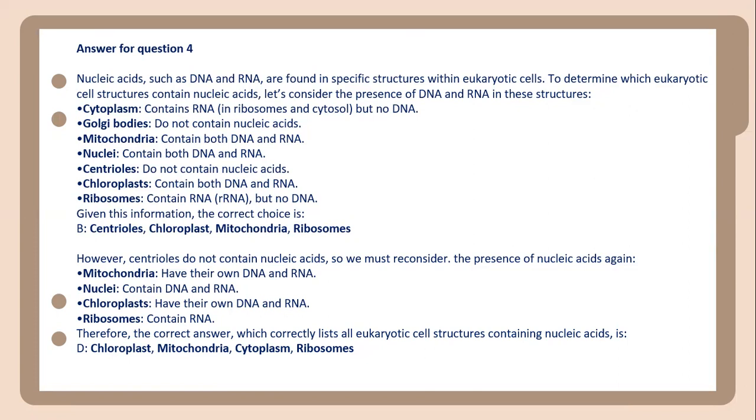Nuclei contain DNA and RNA. Chloroplasts have their own DNA and RNA. Ribosomes contain RNA. Therefore, the correct answer, which correctly lists all eukaryotic cell structures containing nucleic acid, is chloroplasts, mitochondria, cytoplasm, and ribosomes, so the answer for this is D.